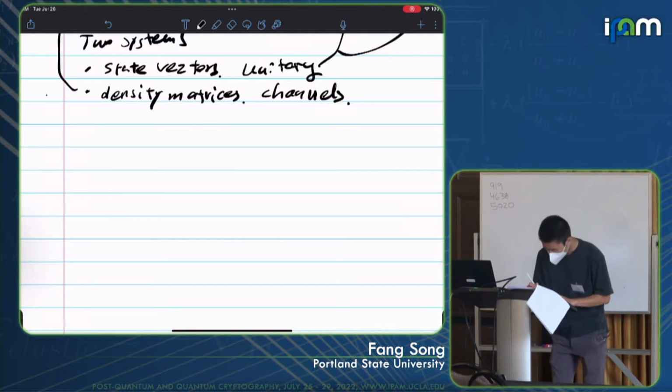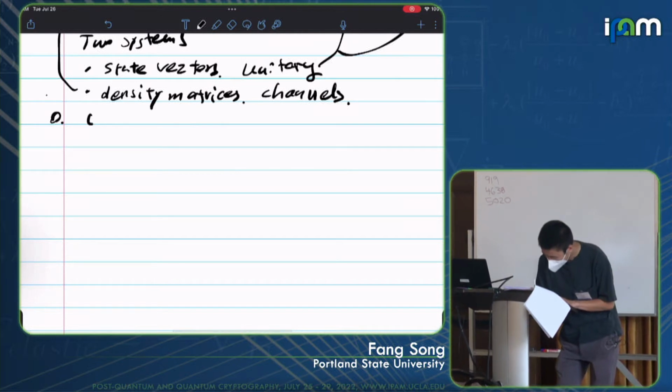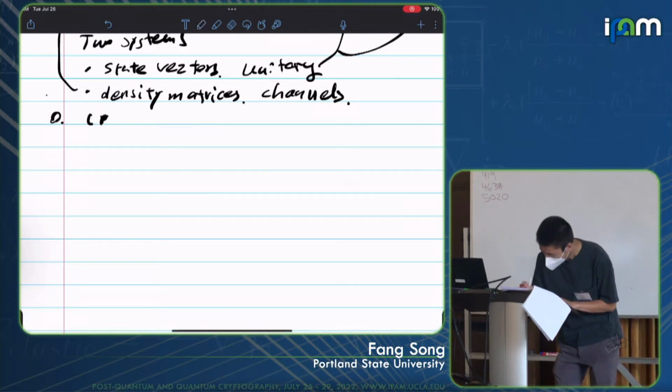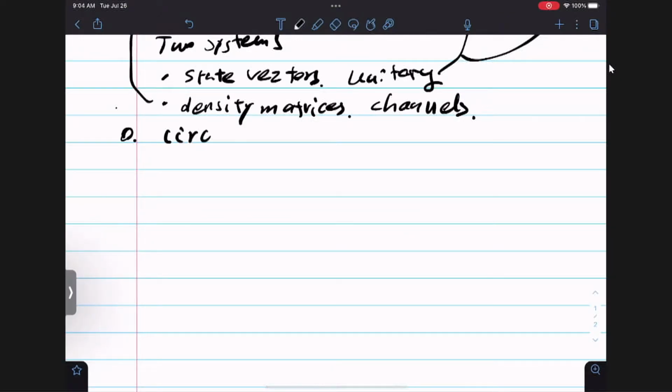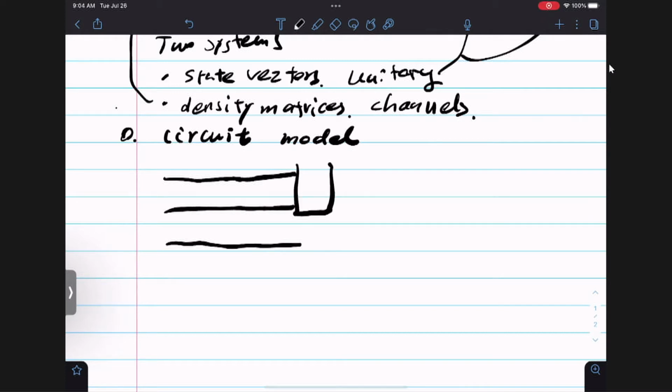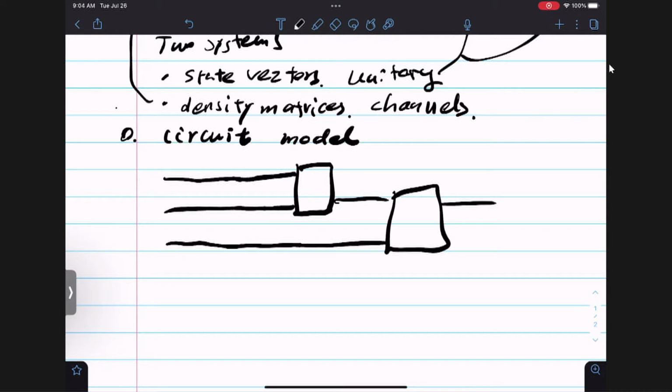So let me directly jump into the quantum circuit model. I guess everybody here is familiar with Boolean circuits, which is a computational model. Each wire represents a bit, and then we can apply Boolean gates.